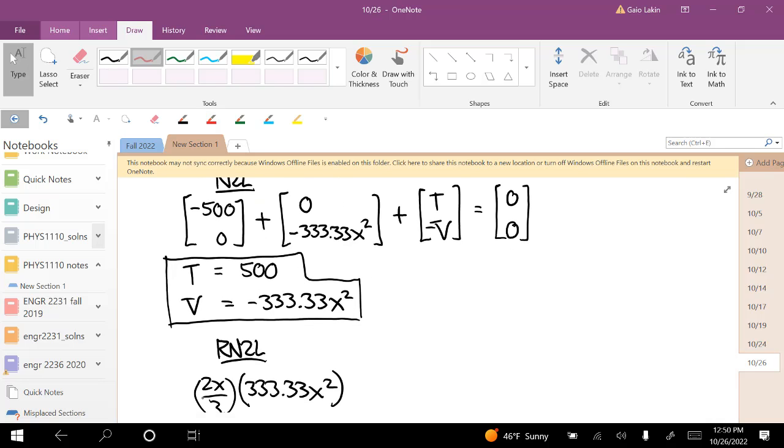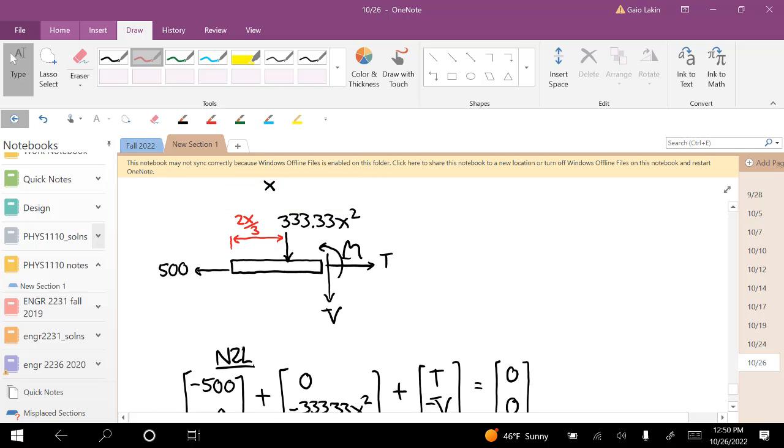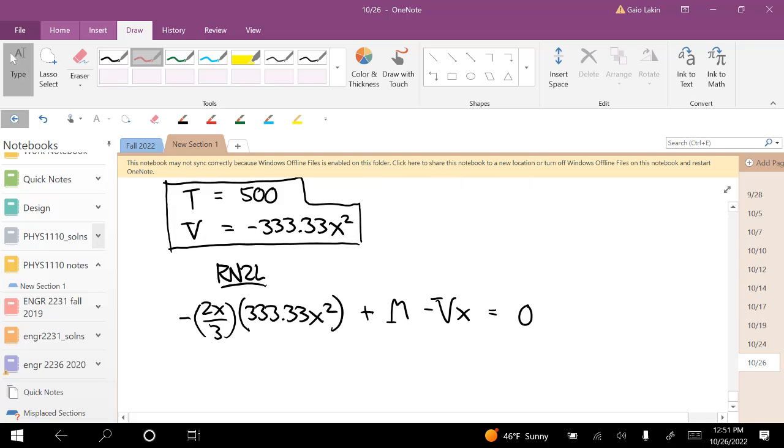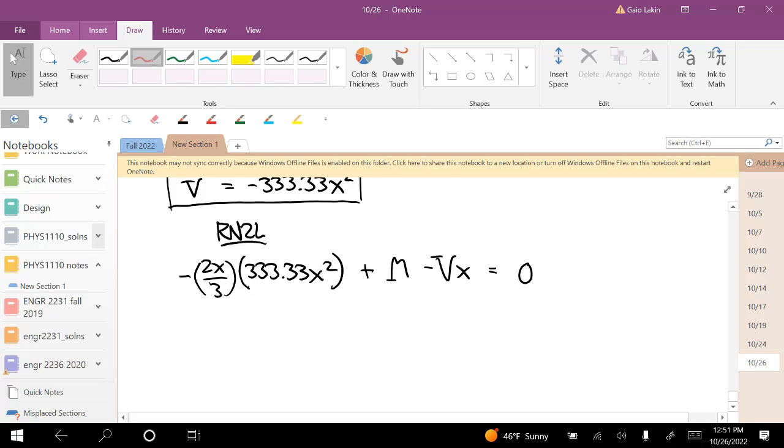Clockwise, so it's negative. And then plus M minus Vx is equal to 0. So M is equal to V times x plus 222.22x cubed.